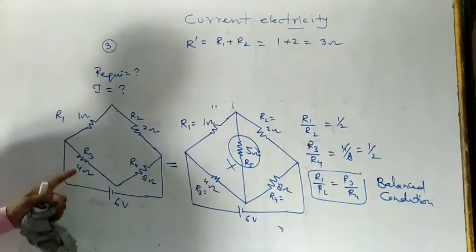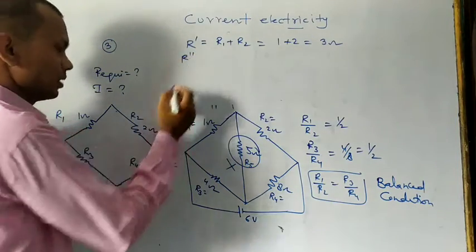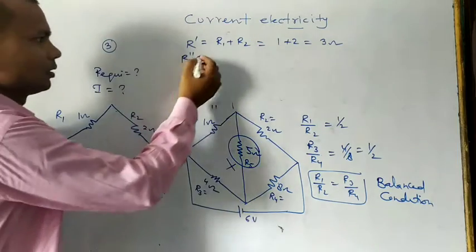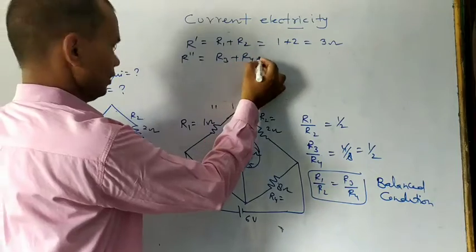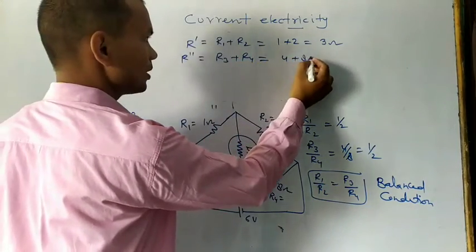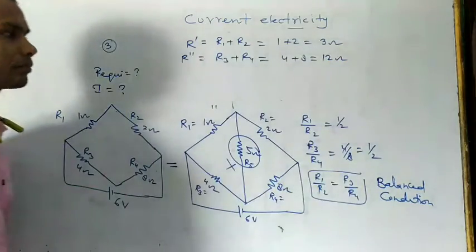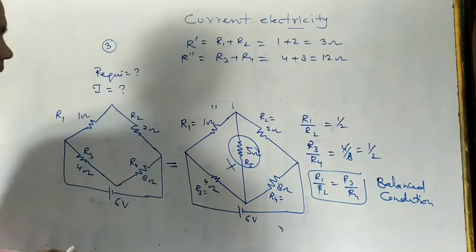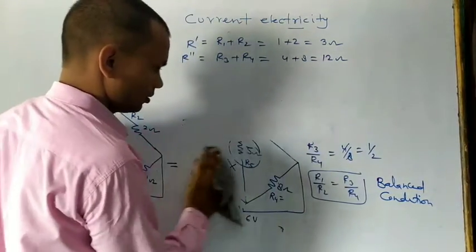Now here also you have to see that R3 and R4 are in series. Suppose R double dash is the equivalent resistance of R3 and R4. So this is equal to R3 plus R4, here 4 plus 8, and this is 12 ohm, right? Now after finding the equivalent resistances, our circuit becomes like that. Just see here.